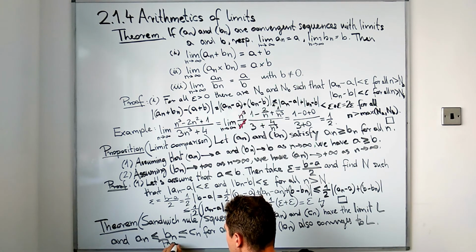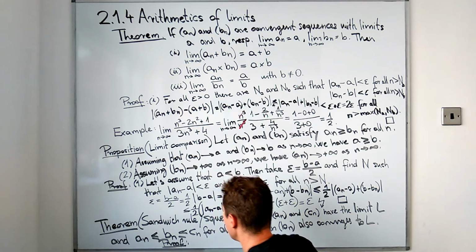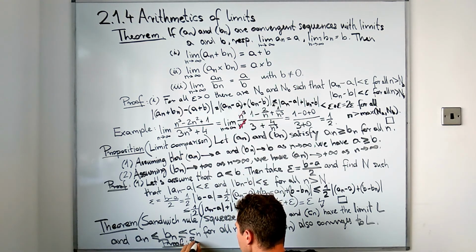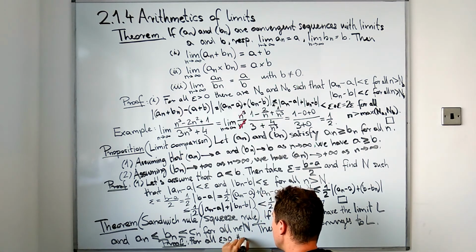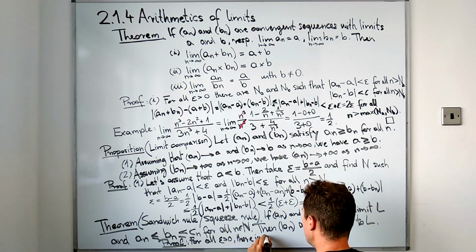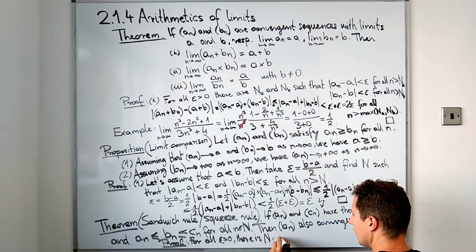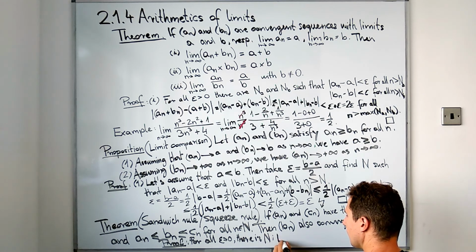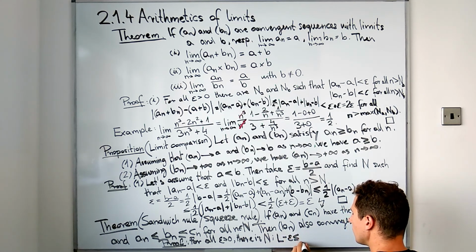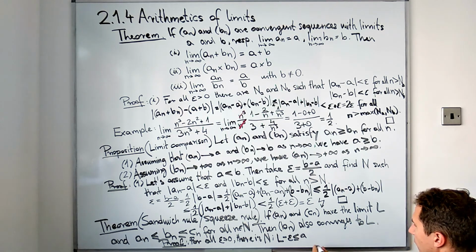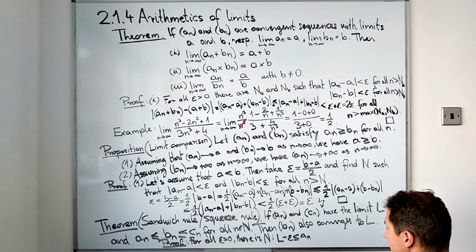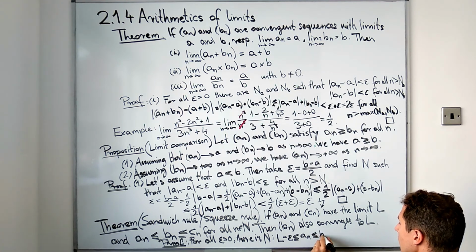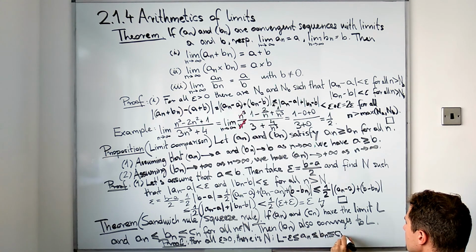So this will be just a very sketchy proof, but basically for all epsilon greater than 0, there is a number such that An will be greater than or equal to L minus epsilon and less than or equal to L plus epsilon, but that will be also true for Cn, and Bn is sandwiched in between these two sequences.